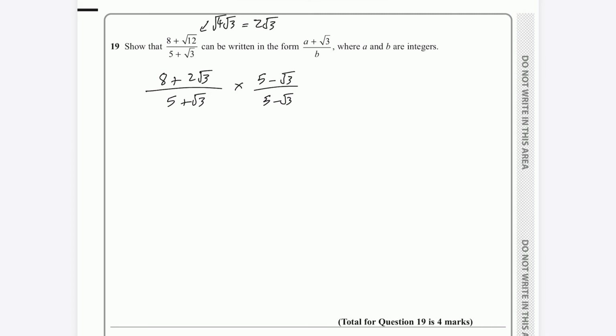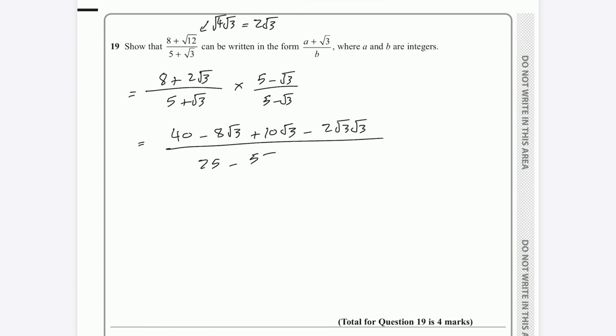And we can expand that out, so that becomes 40 minus 8 root 3 plus 10 root 3 minus 2 root 3 root 3, all over 25 minus 5 root 3 plus 5 root 3 minus root 3 root 3.